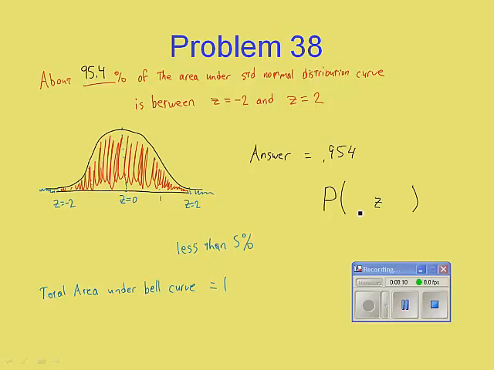Let's see if you're familiar with this notation. -2 less than Z less than 2. How many have seen that before? Maybe in an algebra class or something? That's just saying Z is between -2 and 2. So we would say it equals 0.954, because that's the area. Okay? Yes?